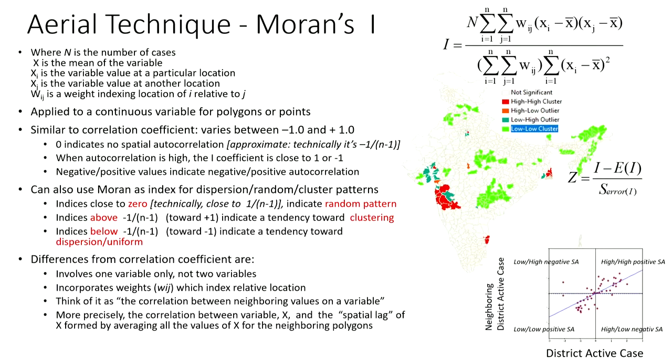Then we have areal based techniques. I think this might have already been covered, but in these cases what we see is that distances or connectivity between the neighbors is taken. So this is basically a weighted distance. Now this weight can be based on the attribute, or it can be a connectivity attribute.